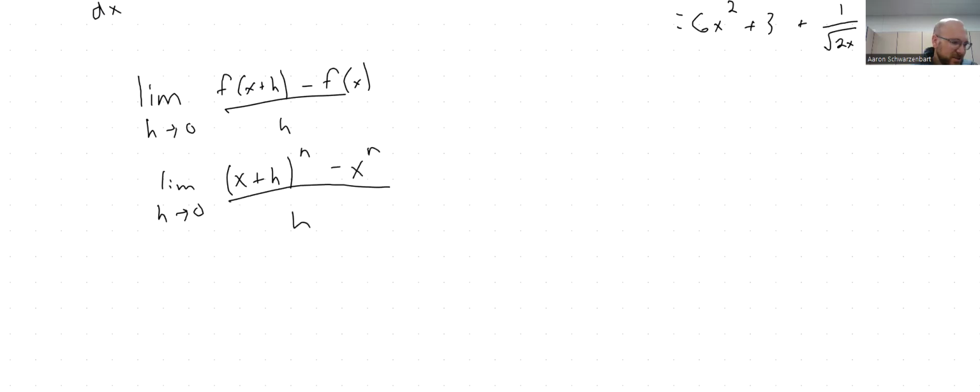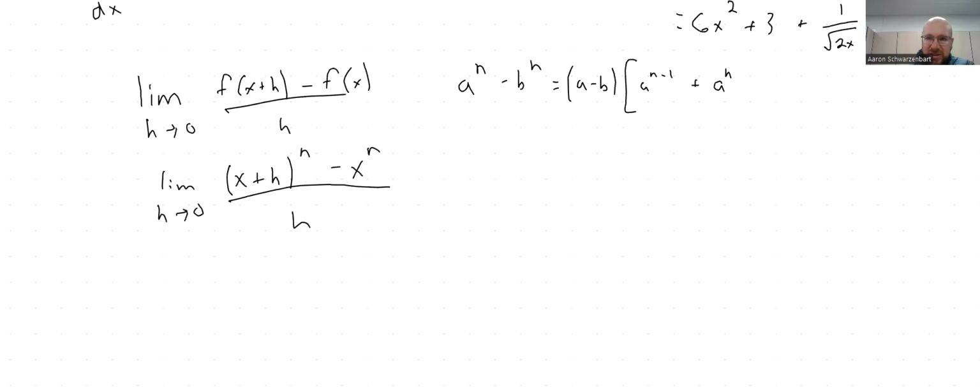Now, there is a rule about factoring this that says, so here's the factoring. a to the n minus b to the n equals (a minus b) times (a to the n minus 1, plus a to the n minus 2.